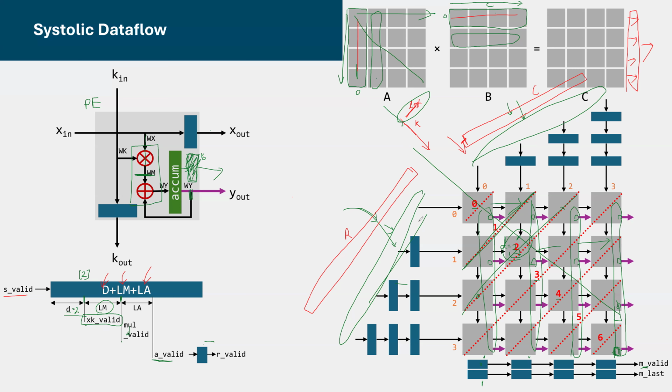For all of these reasons, there will be some places where the data is not valid in the middle, for some clock cycles. Which is why we have the AXI stream protocol, where you mark which clock cycles are valid and which are not valid. Okay.